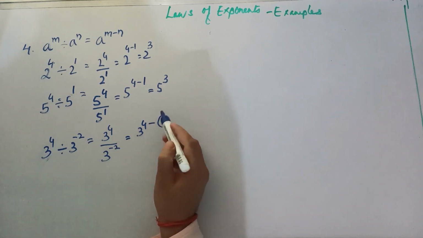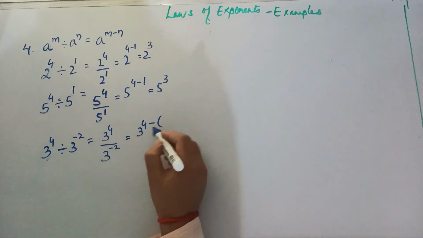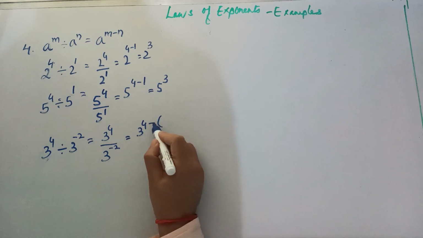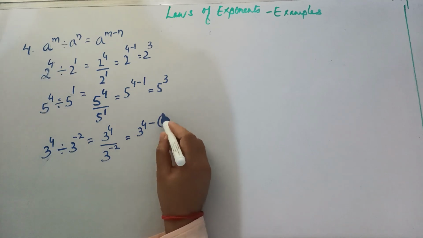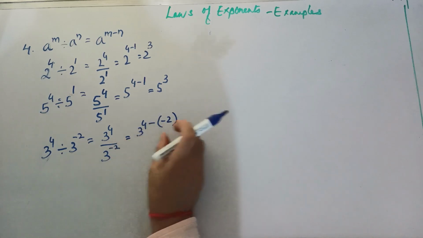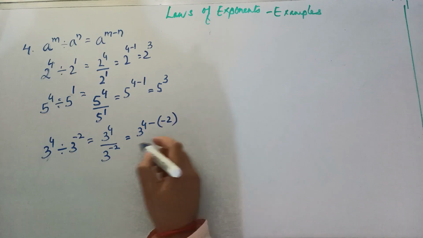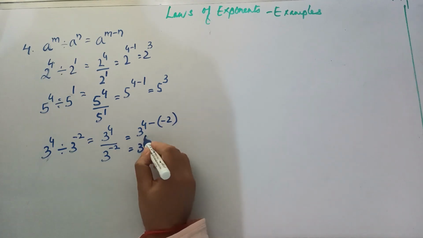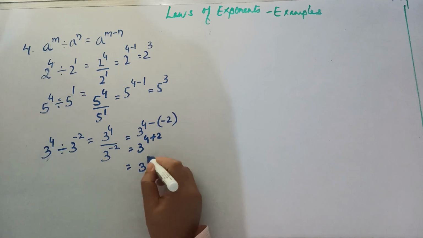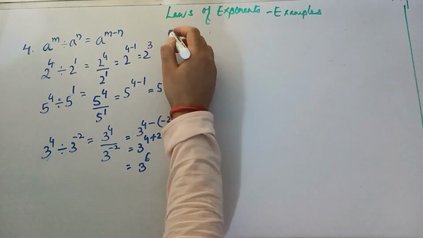This minus sign here is because of this division. There is a division between these two exponential forms. That is why we have put a minus sign. Now this minus sign inside the bracket is for this minus 2. This number, minus 2, is getting subtracted from 4. Now this can be written as 3 raised to 4 plus 2, which is equal to 3 raised to 6. So this is the fourth law.